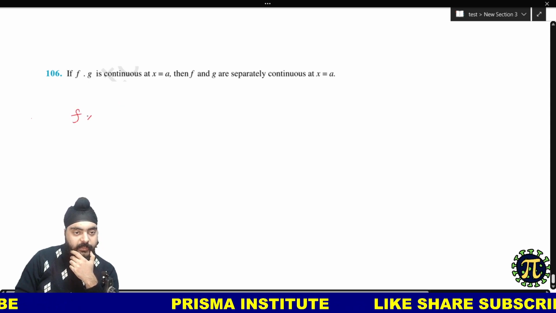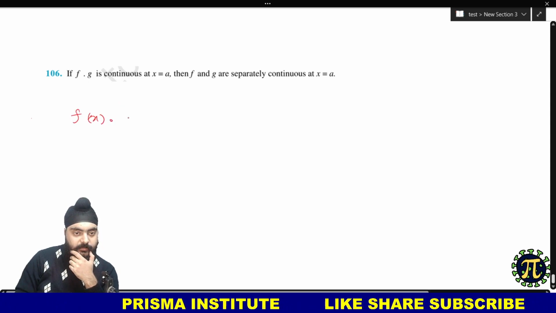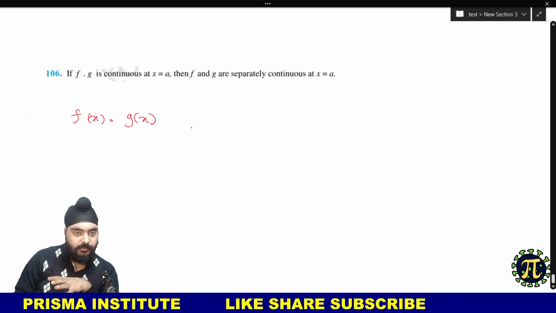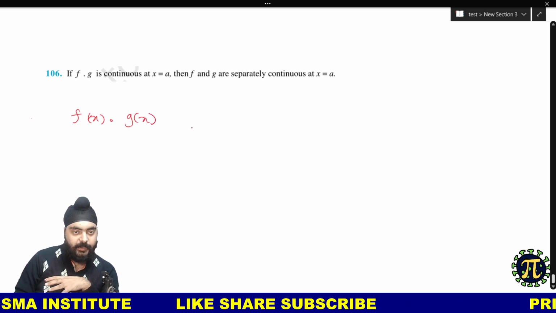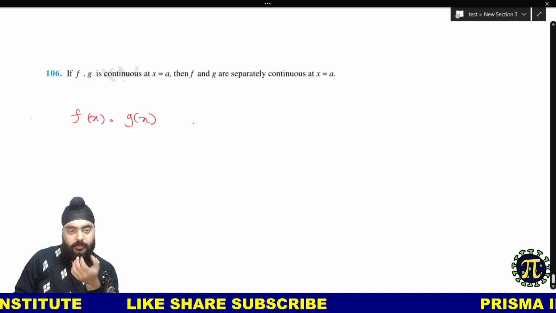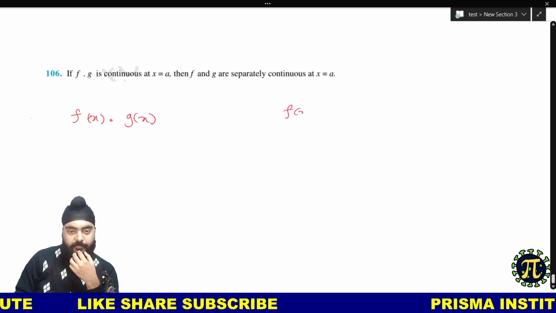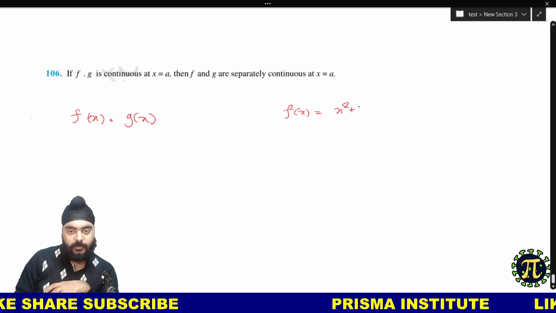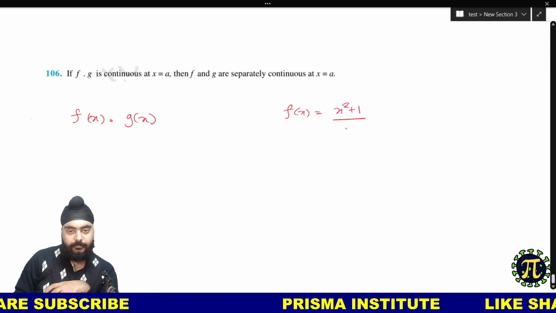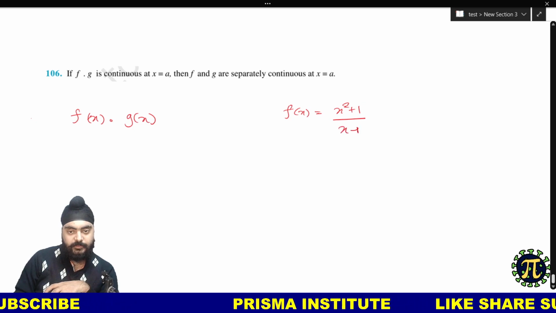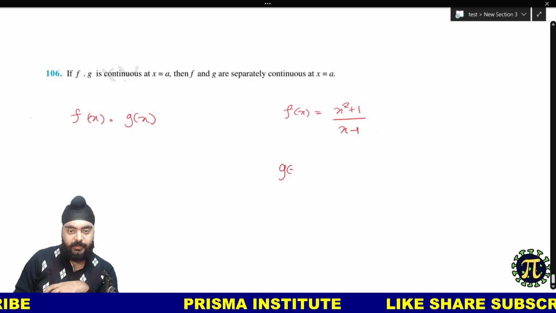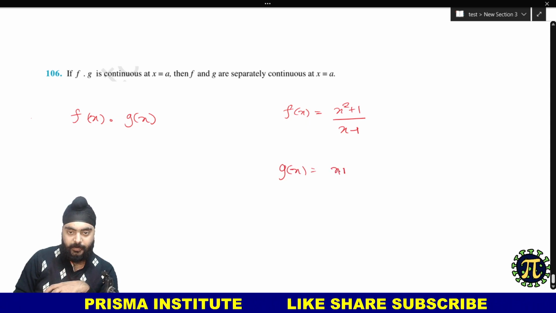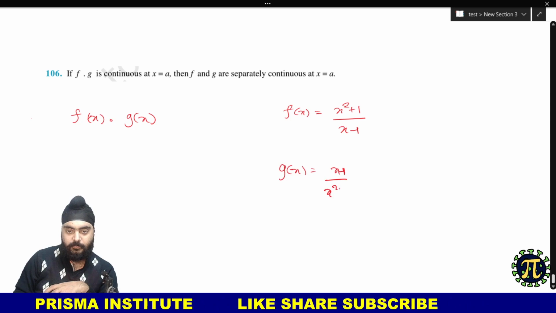So fx into gx is continuous. ठीक है, तो यहाँ पे left hand limit is equal to right hand limit. But let's say I define fx is equal to x square plus 1 divided by x minus 1, right? ठीक है, and if I define gx is equal to x minus 1 divided by x square plus 2.